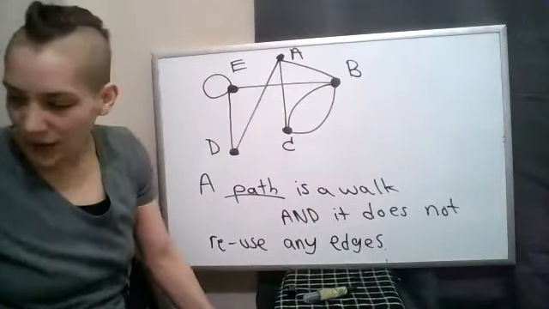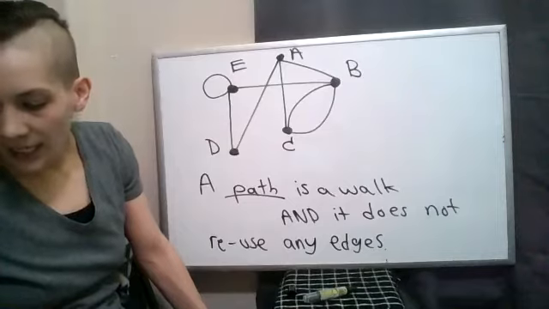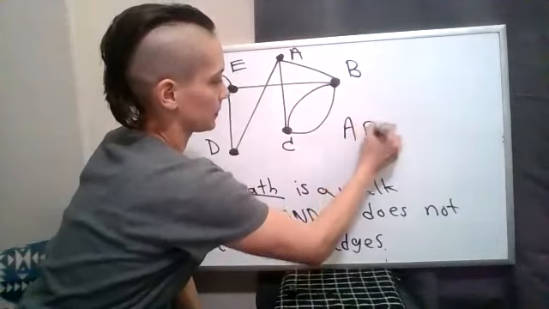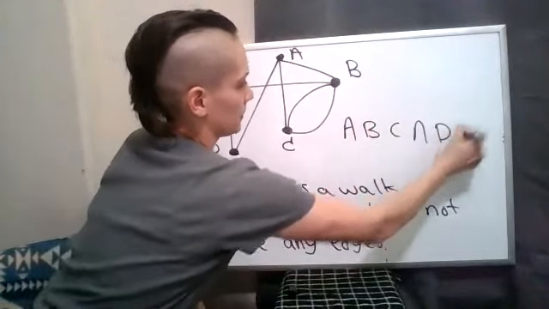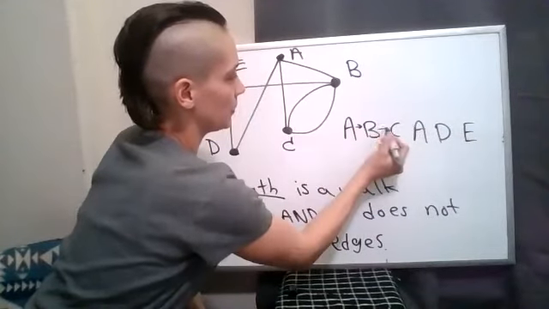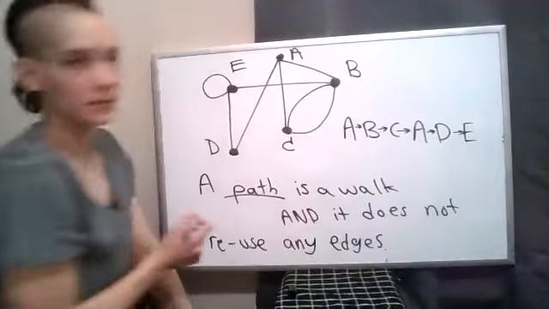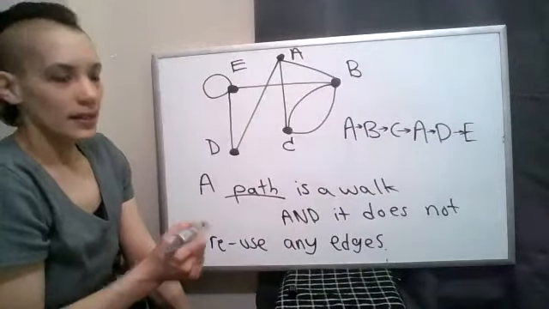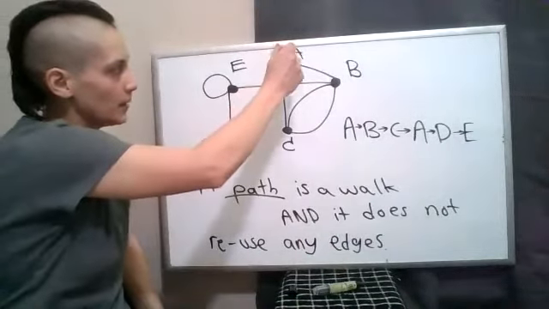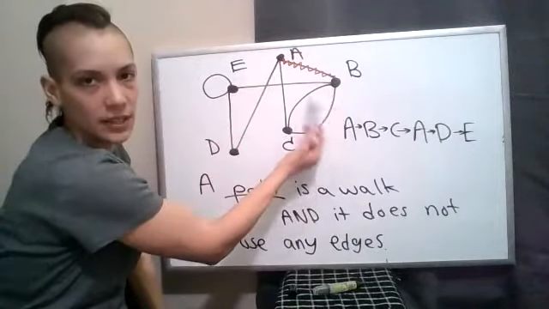Okay, so we've got A, B, C, A, D, E. So A over to B, over to C, goes to A, goes to D, ends at E. Let's check it. So starting at A, make your way to B, and over to C, and you can use either of the edges.